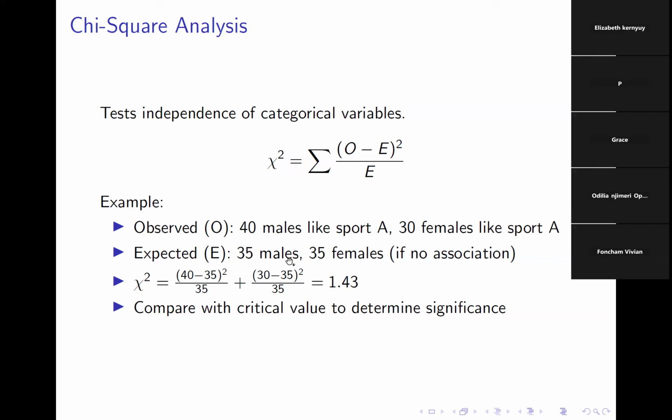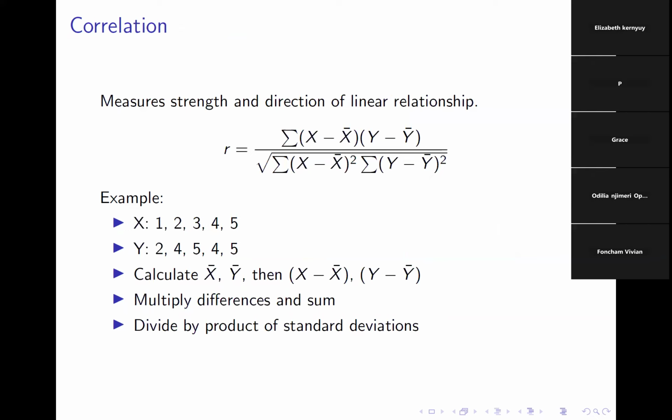So in this case, you're calculating the difference between the males and females in terms of the sport they like. And then your groups are the males and the females, not the sport. Then you can use chi-square to calculate that. So this one should be straightforward.